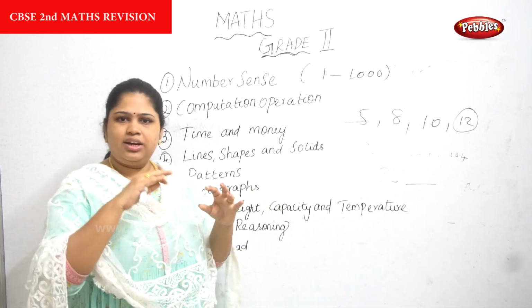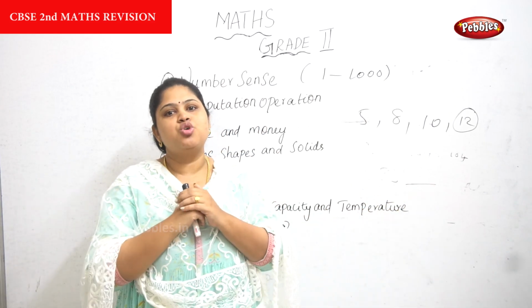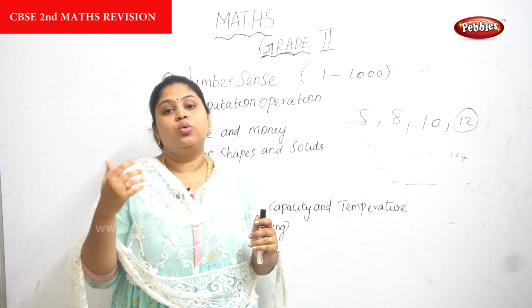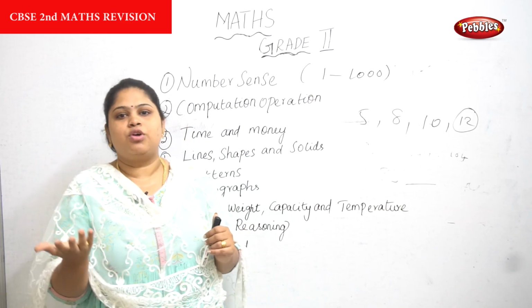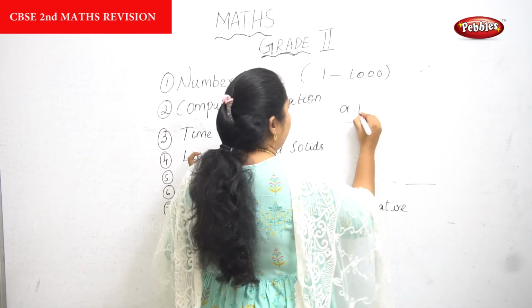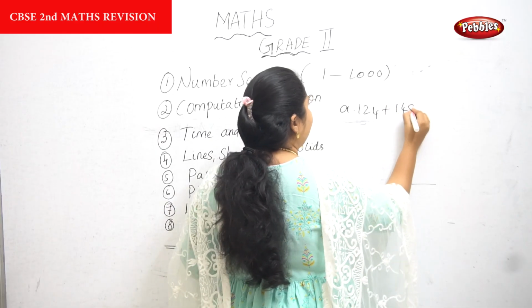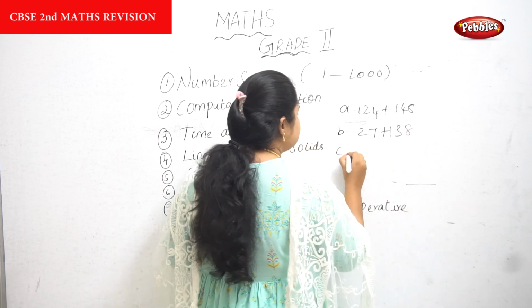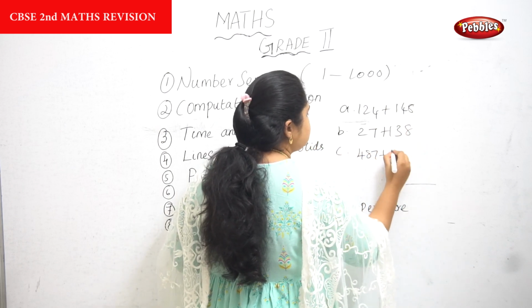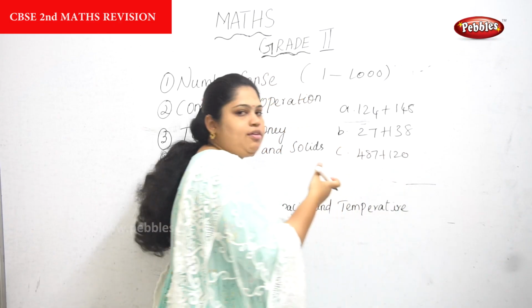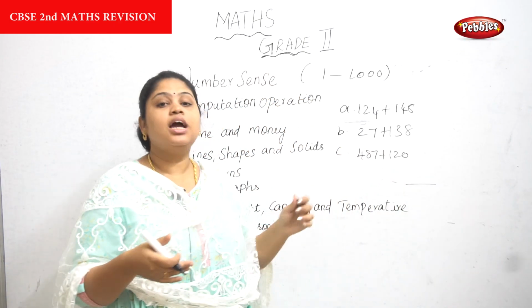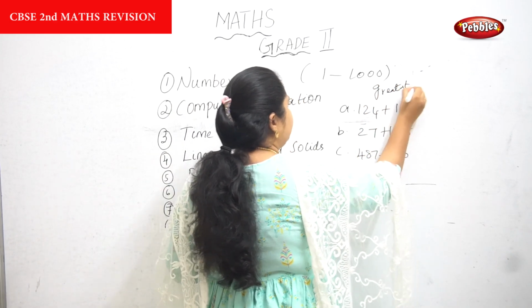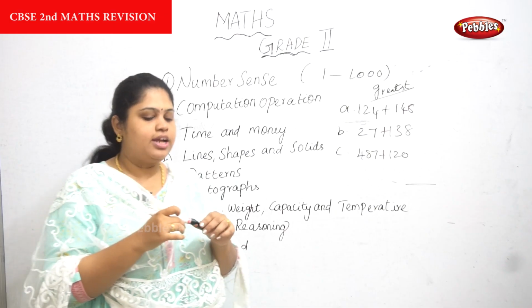So not only the greatest and smallest, it will show you a different dimension of working with the numbers, or different types of questions. For example, A, 124 plus 148, B, 27 plus 138, C, 487 plus 120. So they have given three options. Which is the greatest number? They are asking to find the greatest, which means we cannot identify it directly.